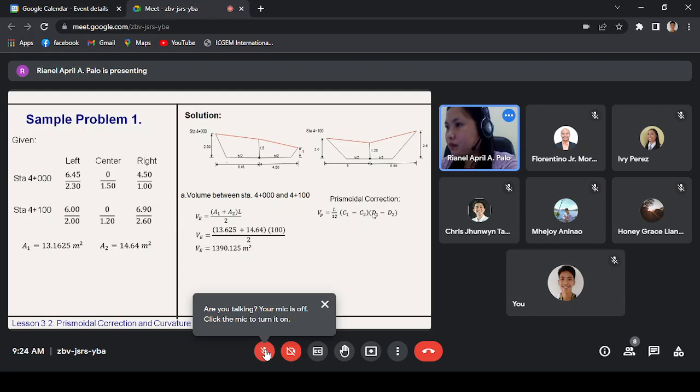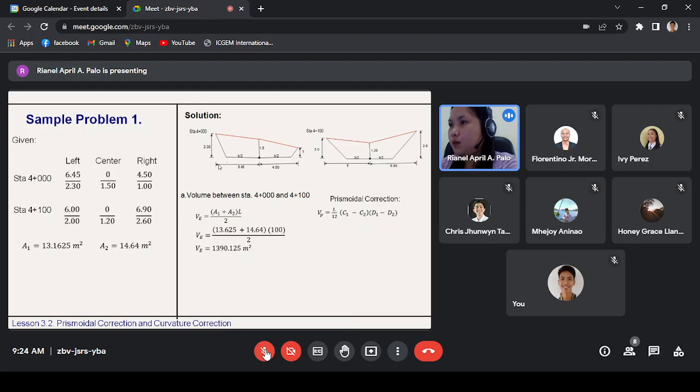Then B1 is the horizontal distance from the left slope stake to the right, so 6.5 plus 4.5, which is 10.95. Then for B2, it is 6 plus 6.9. We substitute these in our formula, which will give us the computed volume for the prismoidal correction.